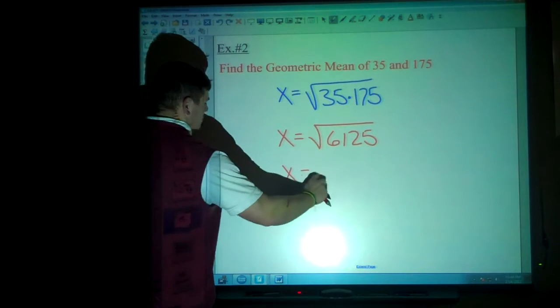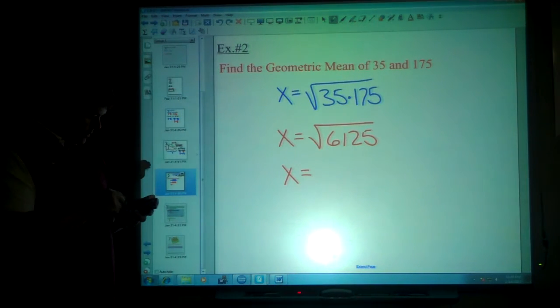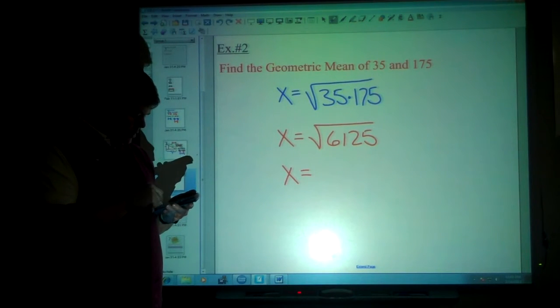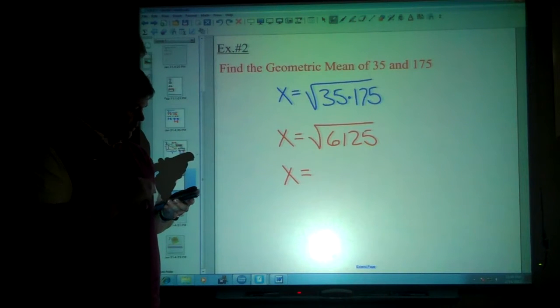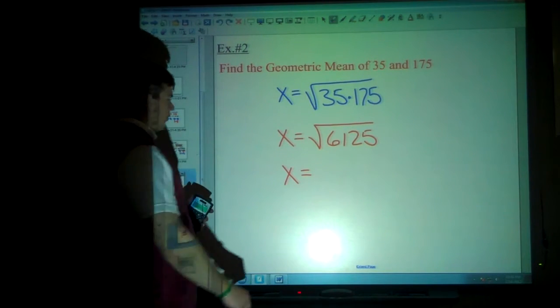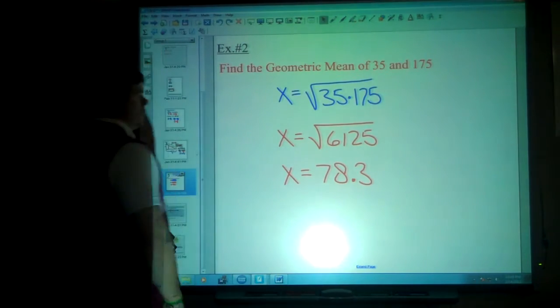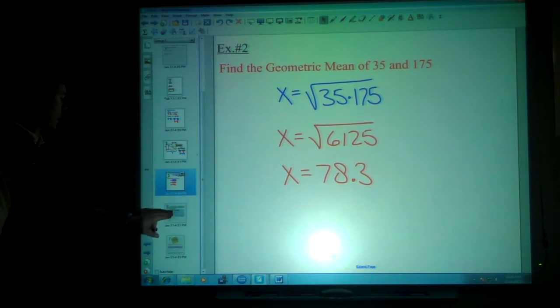And then the geometric mean is the square root of that. So we have the square root of 6,125, which gives us 78.3. So the geometric mean is 78.3.